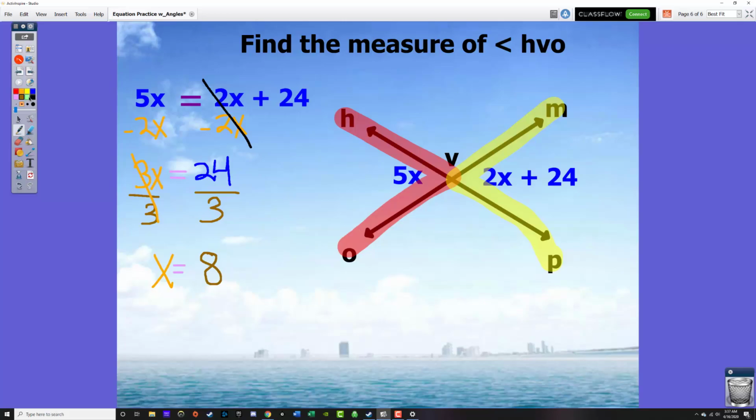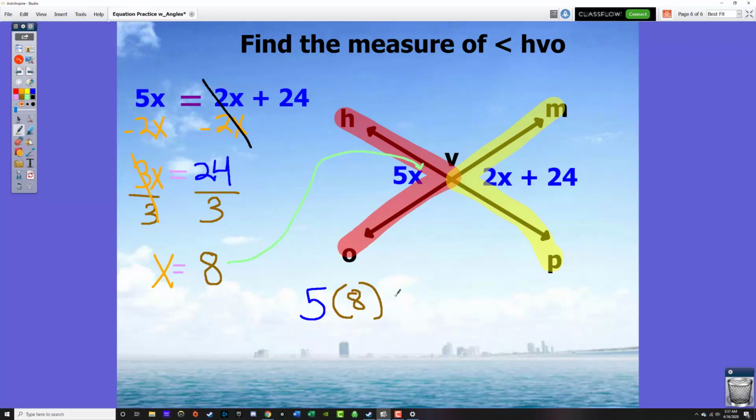Okay, so we know that x is equal to 8, and now we could figure out what the measure of angle HVO is, by plugging 8 in for x. So instead of it being 5 times x, let's make it 5 times 8.